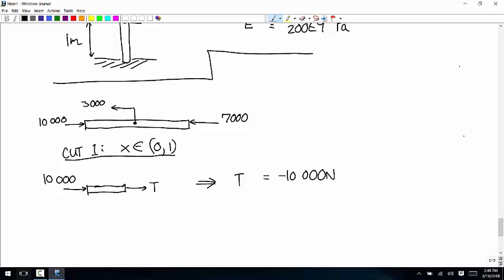And so the elongation on the first piece, I'll call it U1, is equal to negative 10,000 times the length of the first piece divided by E, so 200 times 10 to the 9, times A, 0.01.